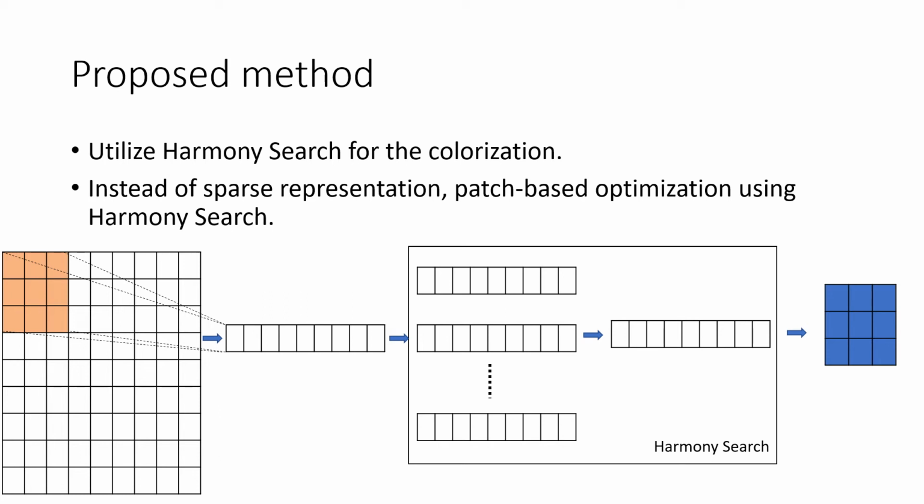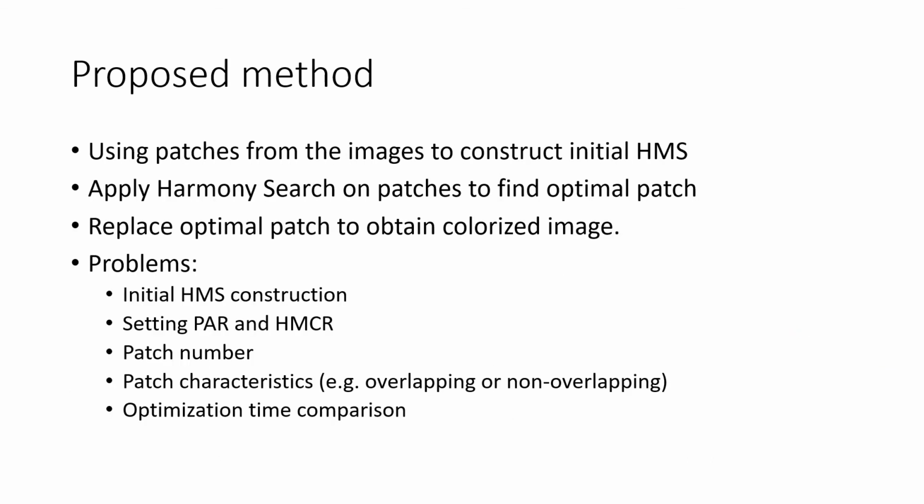Now there are some problems as well as some benefits. First of all, the benefit is the harmony search algorithm was proposed for optimization problems, so this is really relevant to this field.